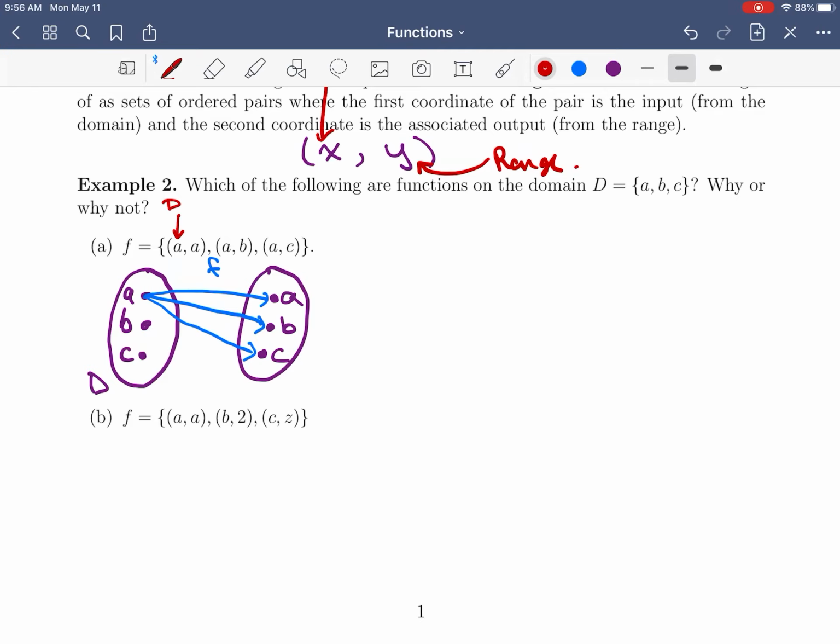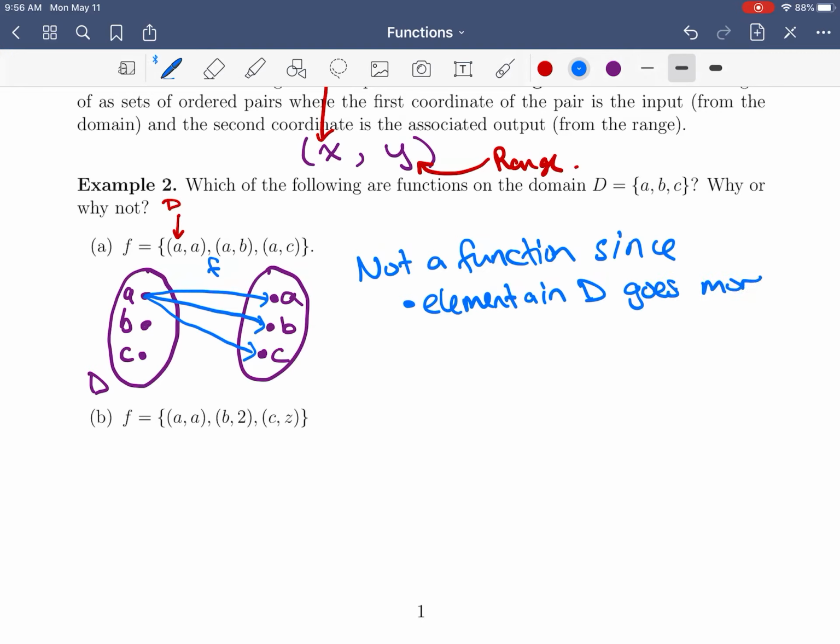There's a problem. There's two problems actually here. This one is not a function, and I'm going to give two reasons. Element A in our domain goes more than one place. That's an issue. And also, elements B and C in the domain go nowhere.